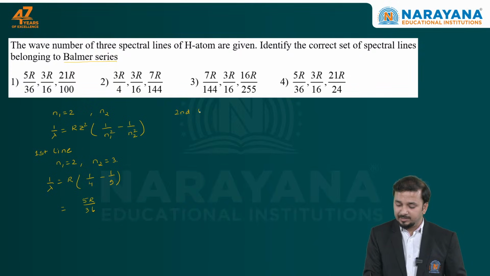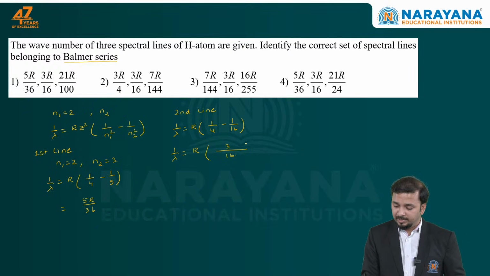For the second line, we'll get 1 upon lambda is equal to R into 1 by 4 minus, with N2 being 4, 1 by 16. We'll take 16 as the LCM, so it will become 3 by 16. So 1 upon lambda is 3R by 16. So 5R by 36, 3R by 16.